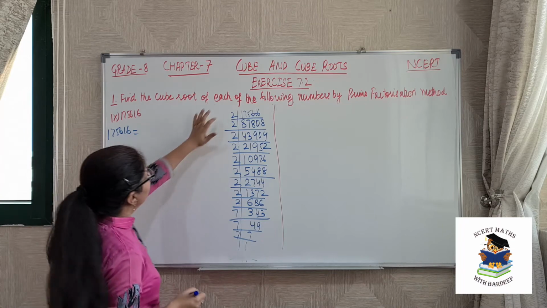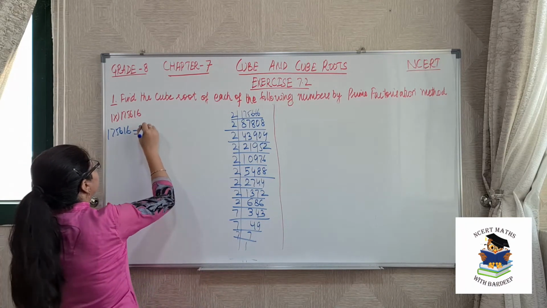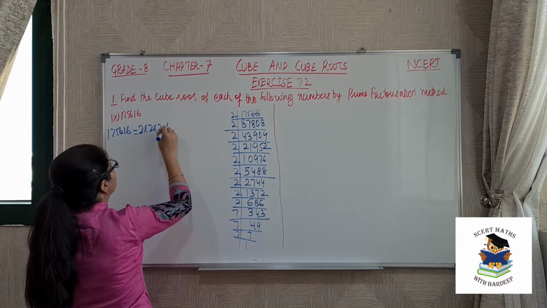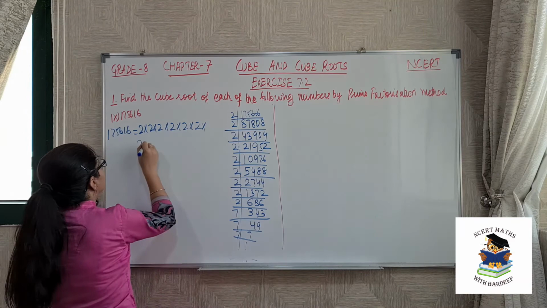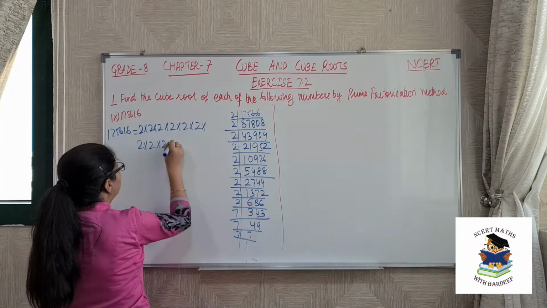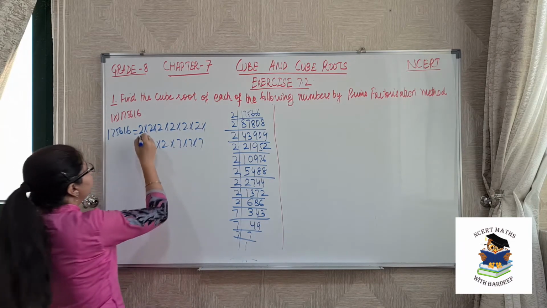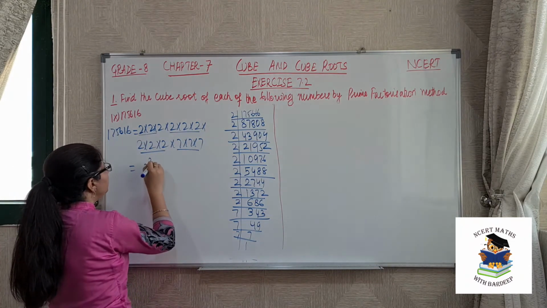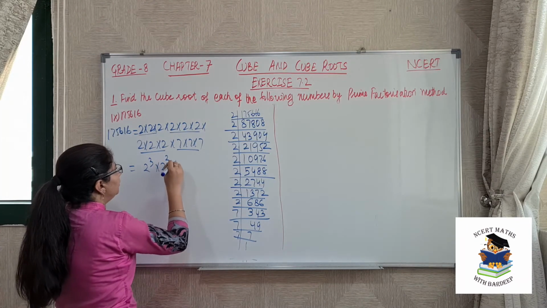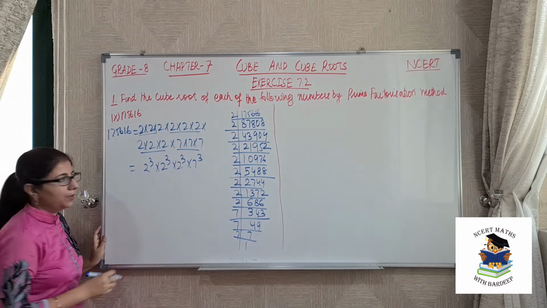175616 is equal to 1, 2, 3, 4, 5, 6, 7, 8, 9. So 9 times 2, and 3 times 7. Okay, so all are making groups. So it can be written as 2 raised to power 3, 2 raised to power 3, 2 raised to power 3 and 7 raised to power 3.